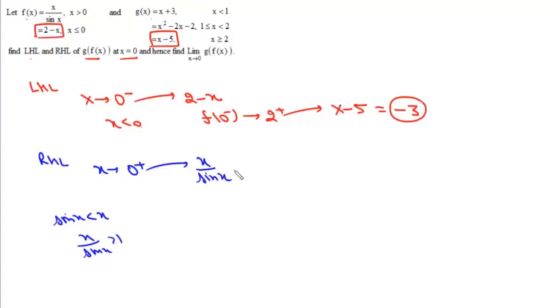So basically this is 1 positive, and if it is greater than 1, then it will go to this definition, which is x square minus 2x minus 2. Now if we put x as 1, it will be 1 minus 4, which again is minus 3. Since both left hand limit and right hand limit exist and they are same, value of this limit is minus 3.